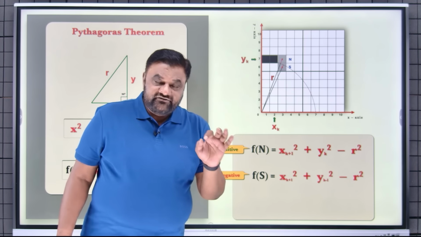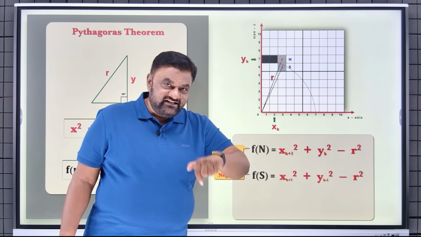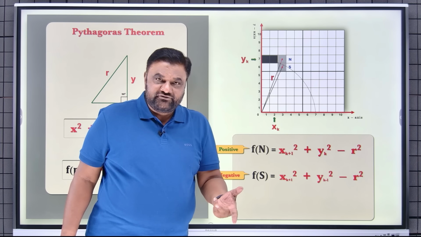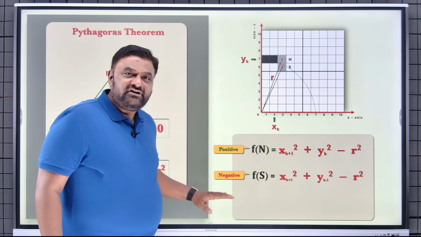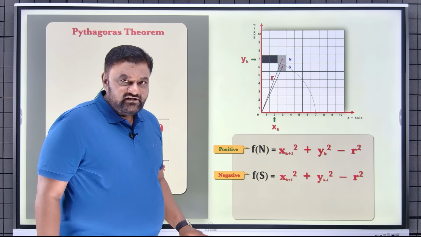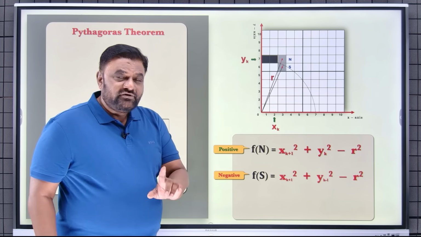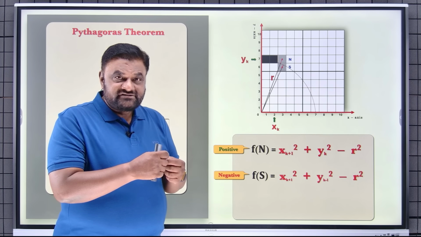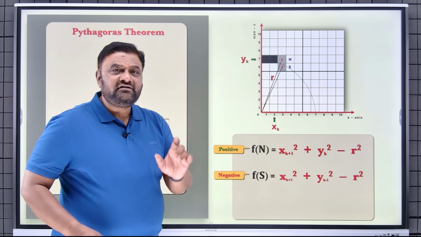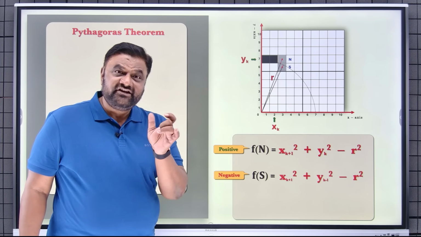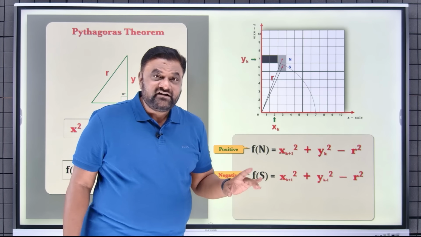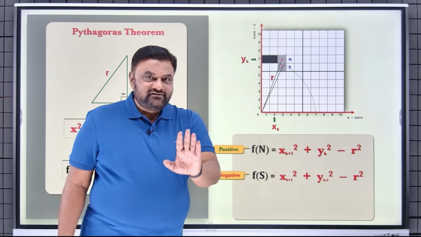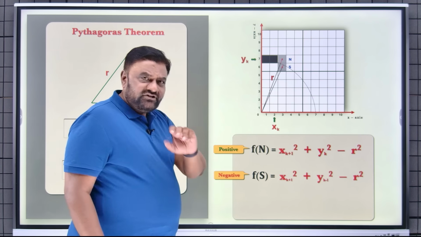The point will be either on the circumference or inside the circle, so it will be less than or equal to 0. So one value is positive, one value is negative. Once again, we are going towards deriving a decision parameter, a variable which helps us in deciding whether to keep y as it is or decrement it. That's the objective.